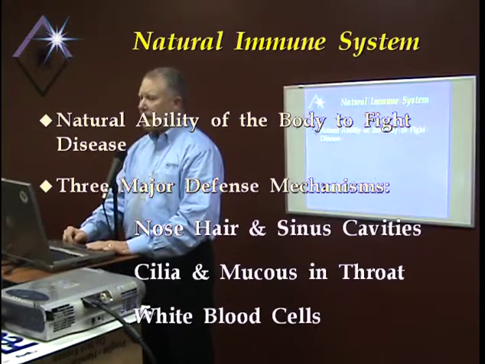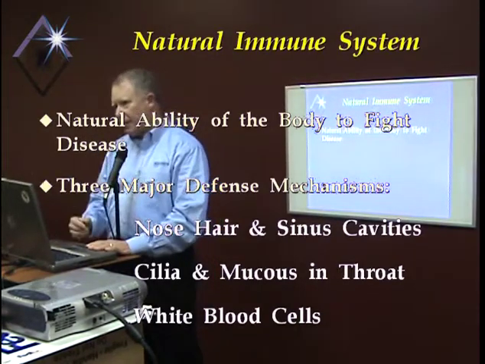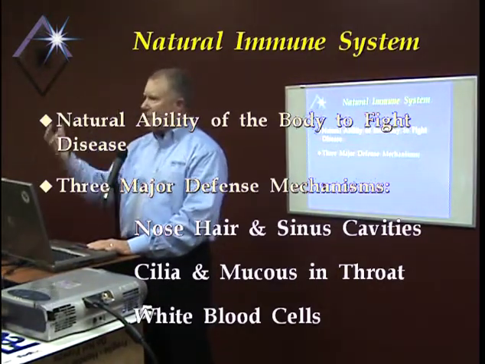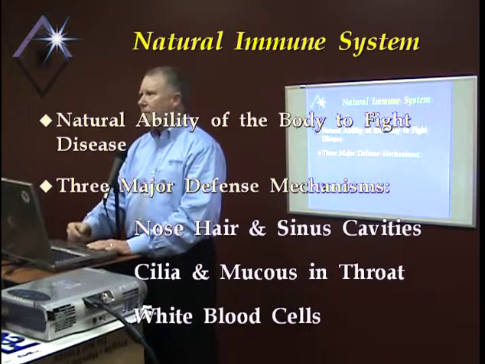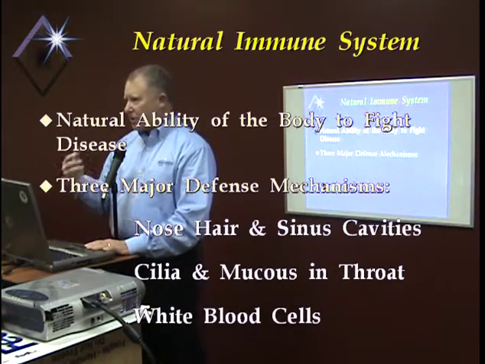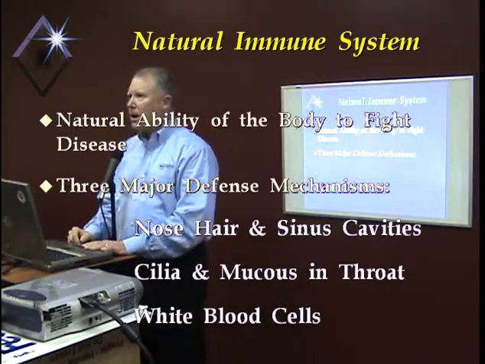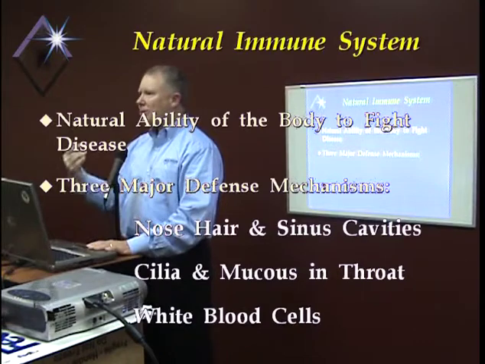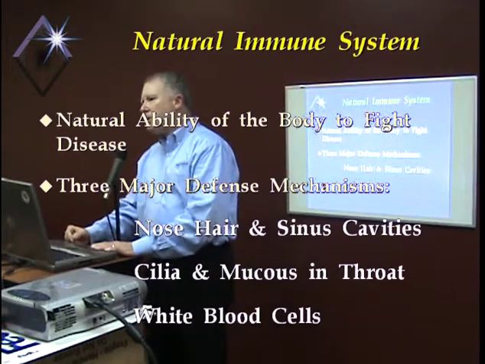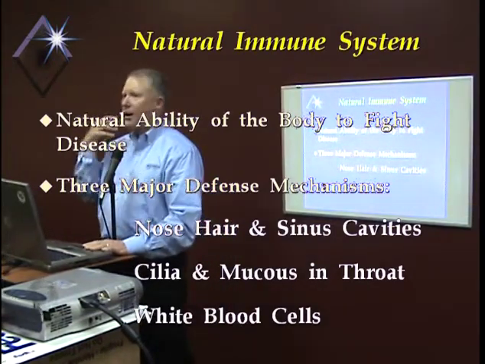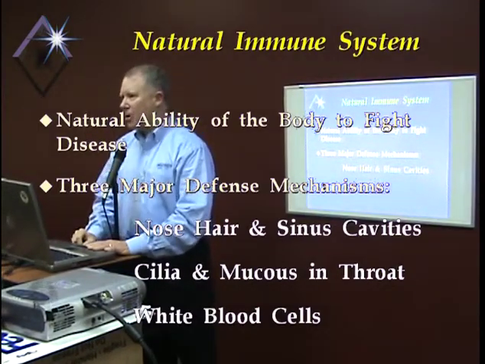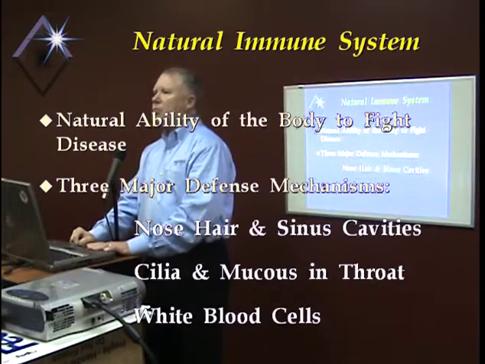Now, your body has a natural immune system. It has the ability to fight off foreign bodies that come into it, bugs, different types of things, dusts, various types of particles and microorganisms that want to invade your body. Your body has 3 major systems that are able to ward off a lot of these. And it starts with your nose and your sinus cavities. Your body, if you're an adult, has hair inside your nose, and you've got a cavity at the back of your nose, and these two things serve a very useful purpose in life.